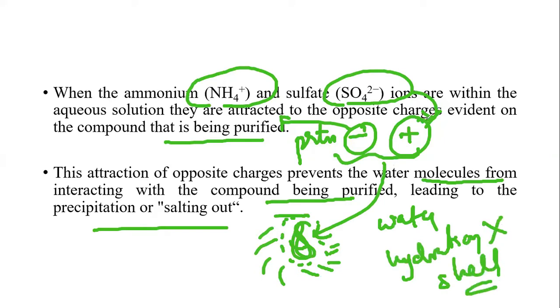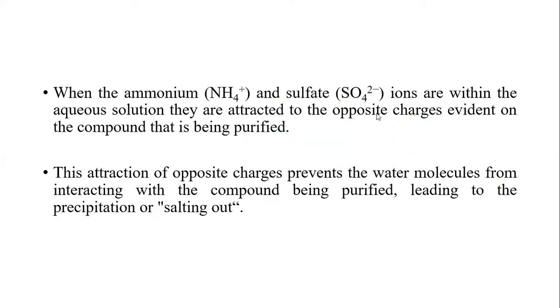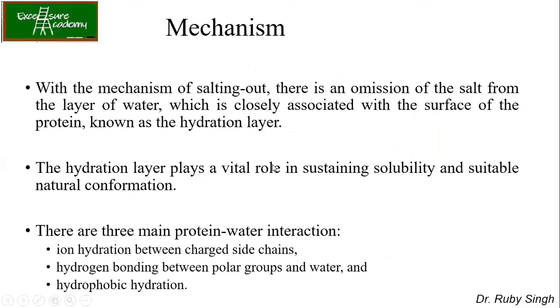Okay, so it is removed by the ammonium sulfate. Now, with the mechanism of salting out, there is an omission of the salt from the layer of water, which is closely associated with the surface of the protein, known as the hydration layer. So this is what I was talking about. Now, this plays an important role in solubility and stable native conformation.